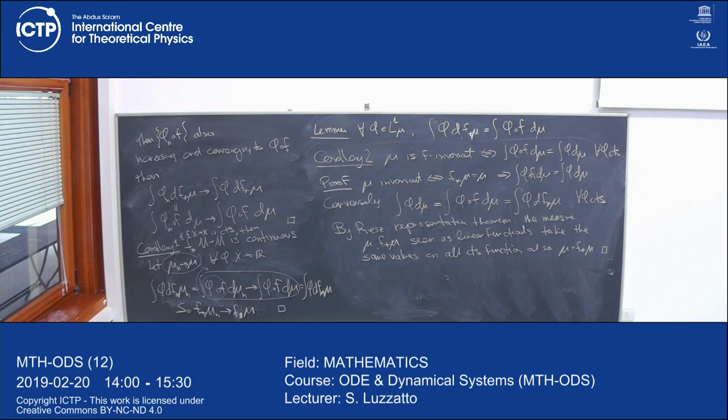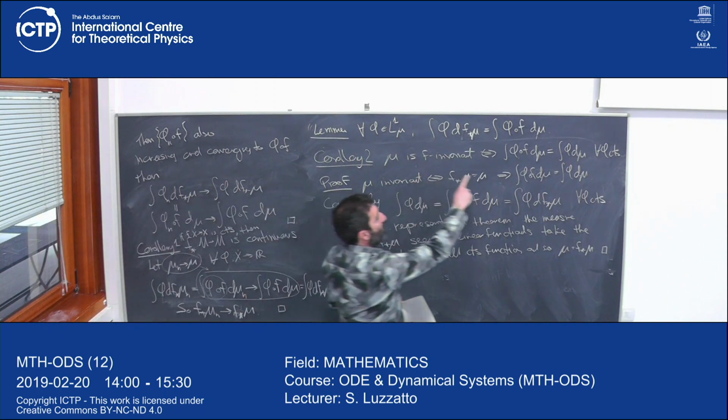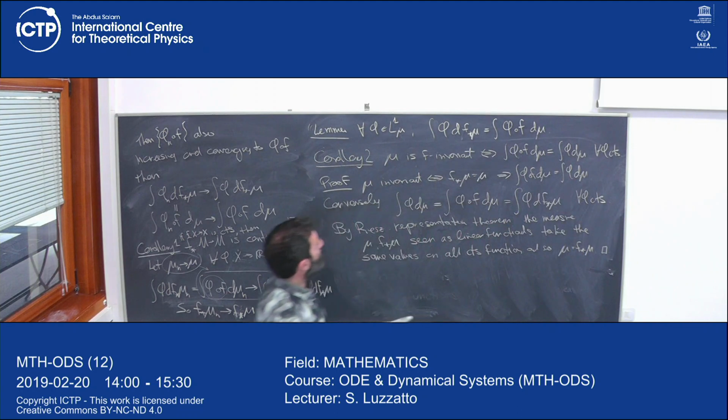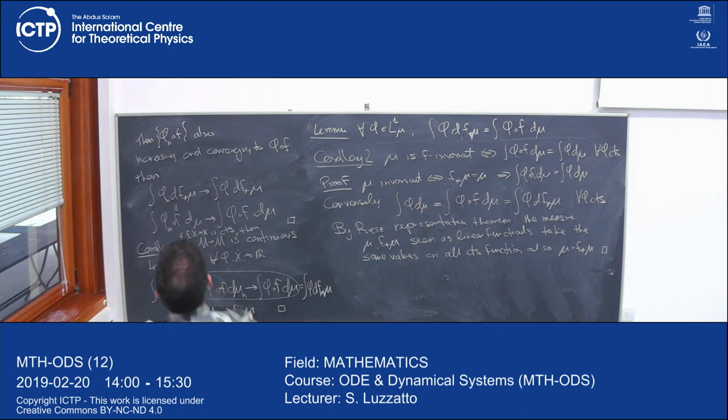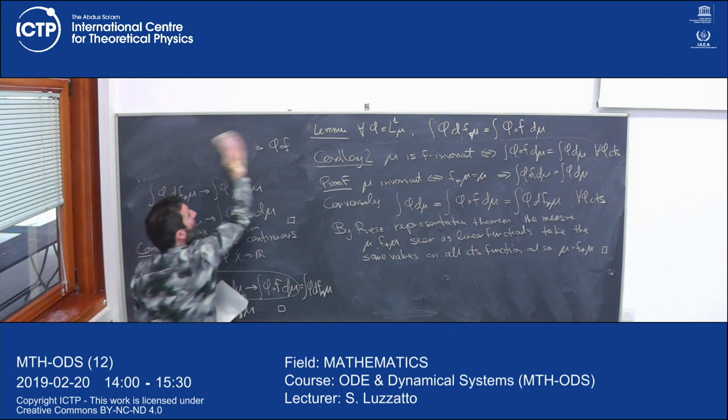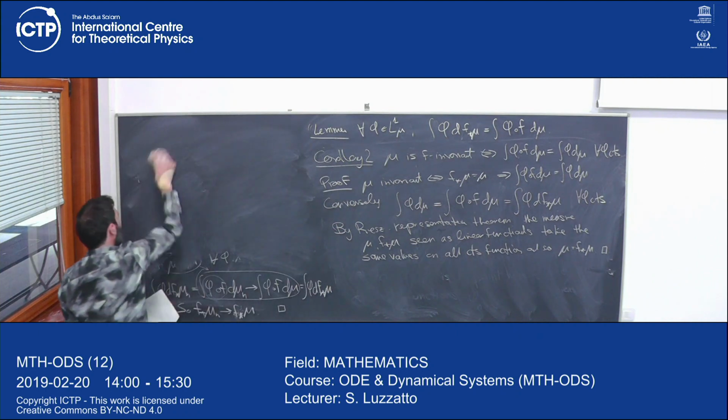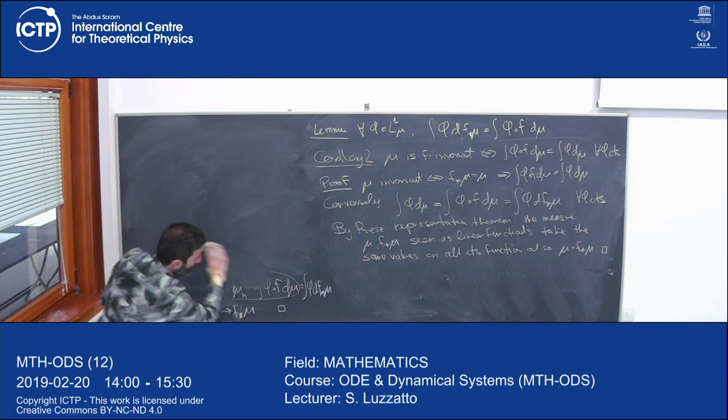Okay, so now we are ready. We're basically going to use these two corollaries, the fact that f star is continuous and this characterization of invariant measures. And we're going to now use the push forward to construct our invariant measure.